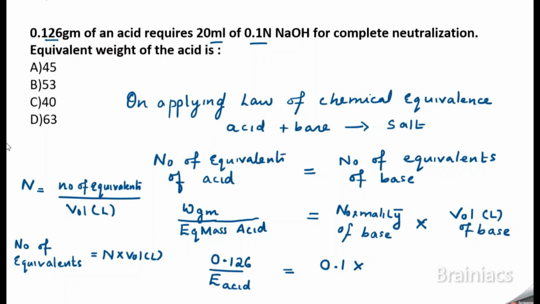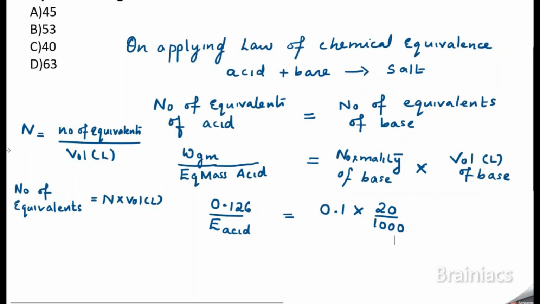So you want to convert it into liters, means 20 by 1000, then this will become in liters. Okay, now from this how can I find the equivalent weight of the acid? 0.126 by E acid is equal to how much this will become? I can say this will become 20.